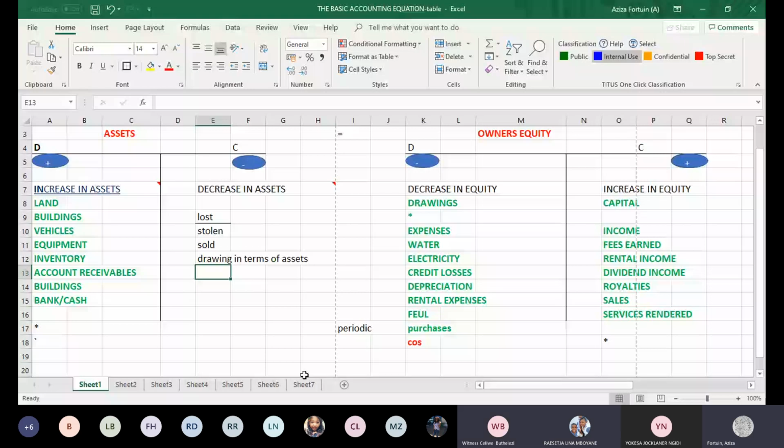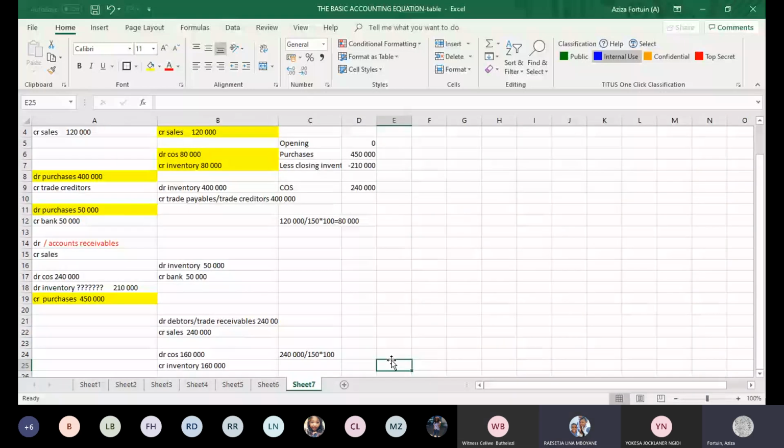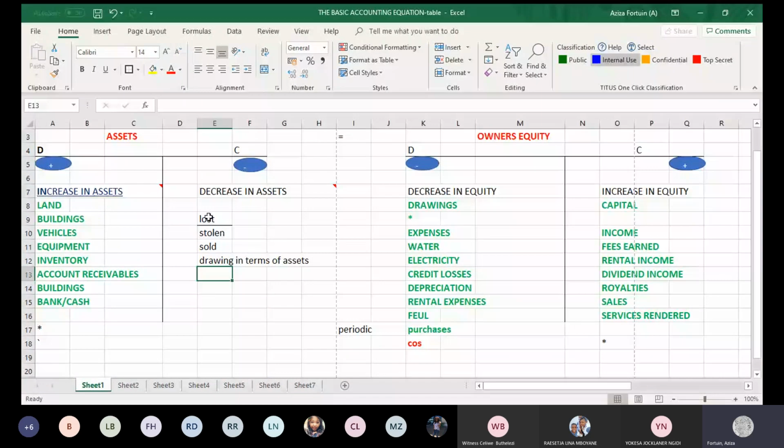Okay, let's look at another example. 4.6. KwaZulu-Natal purchased merchandise on account from the supplier. For the people who didn't do accounting, maybe you want to try this. We purchased merchandise. We're only working on periodic system now.